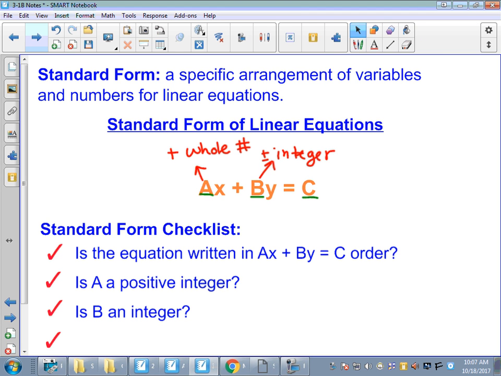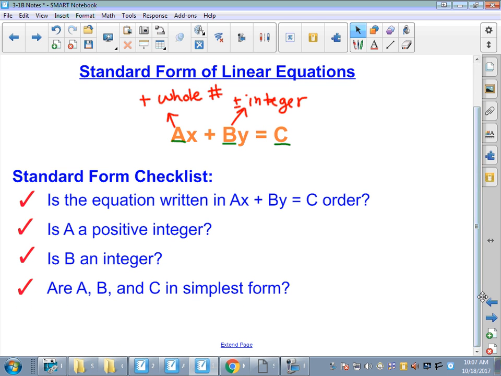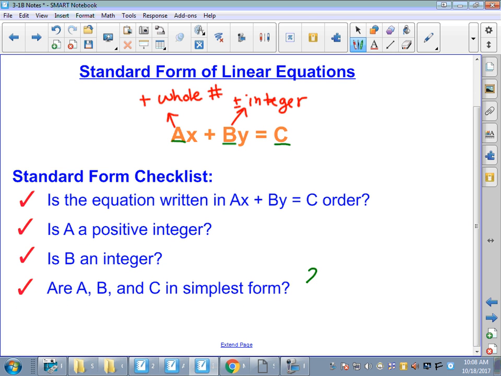And then the last thing we look for are the numbers a, b, and c in simplest form. And I'm going to give you an example for that so you can see what I'm talking about. If I have 2x plus 4y equals 8, I have all the numbers in the right order. A is positive. My a value is 2. My b value of positive 4 is a whole number.